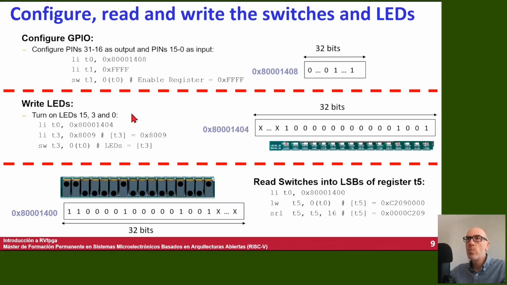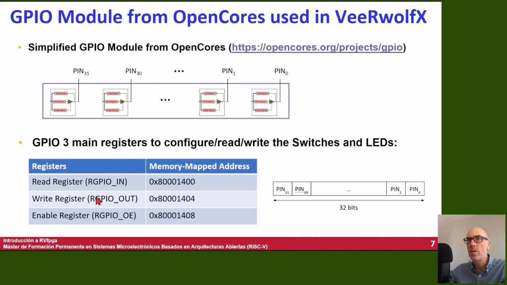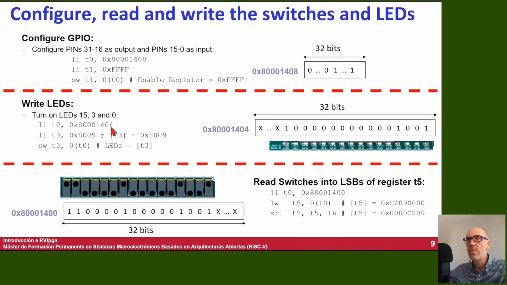In the middle, we see how to write to the LEDs. Let's say we want to turn on LEDs 15, 3, and 0. First, we need the address of the write register for the LEDs, which is 1404 in the GPIO we're using. We write this address to T0, and in T3 we store the value we want to display.